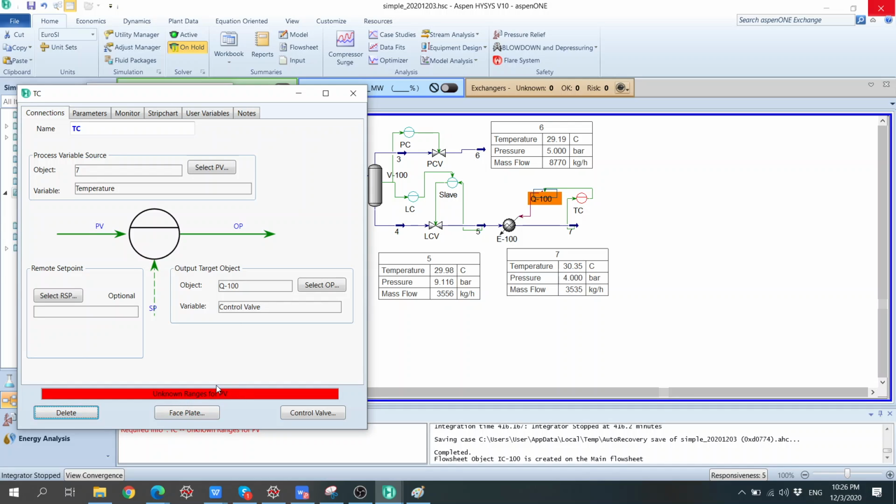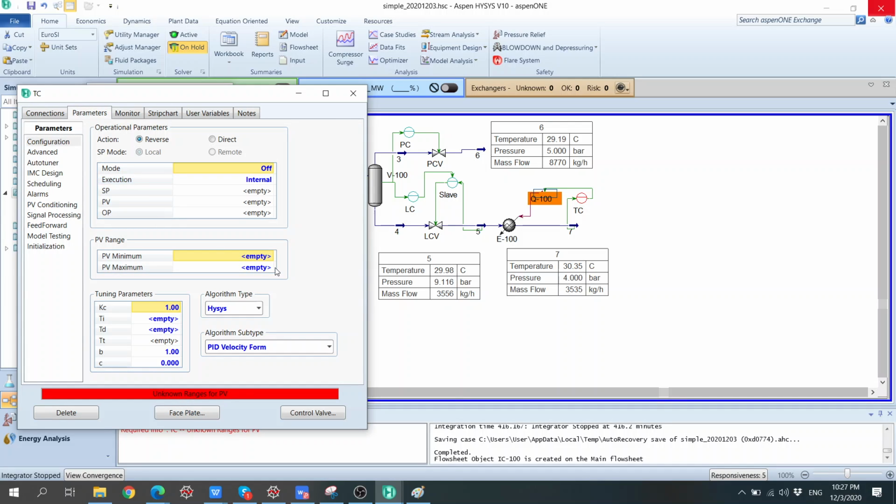And then it says here PV. So make it not so aggressive. PV is the process variable that we want to measure. We can make it either 30 degrees C or something, maybe minimum like 20.